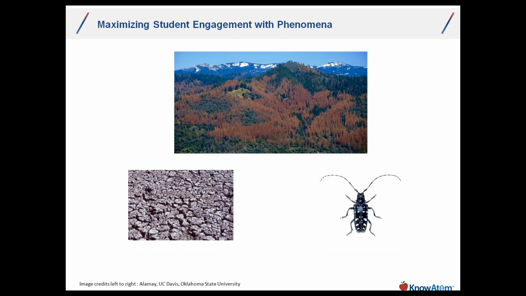back to this phenomena. I sort of led you down the path of thinking that this was drought, but perhaps it is. But I wonder if perhaps in the back of your mind you thought that it might be something like the Asian longhorn beetle.